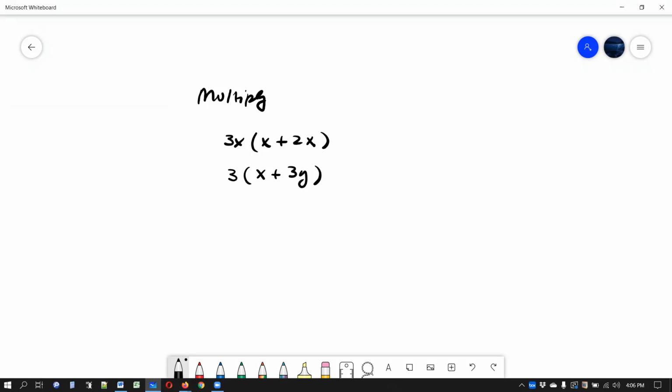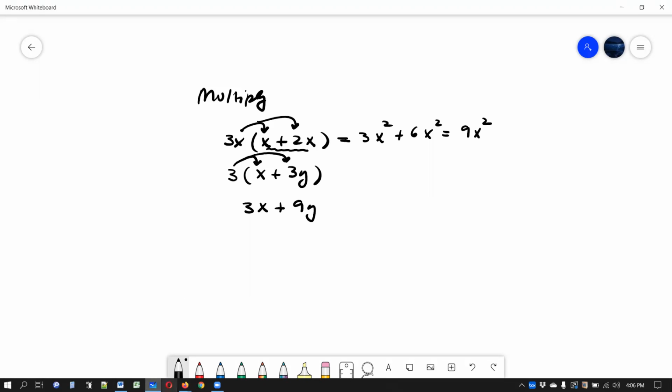How do we do this? I am sure you know how to do it. The number multiplies both terms inside. So in this case, you would get 3x plus 9y. Okay, in this case, you do it that way. Obviously, in this case, you can always add them first, but you can multiply them first as well. So you have 3x squared plus 6x squared, and then you combine them because they're still like terms, 9x squared.